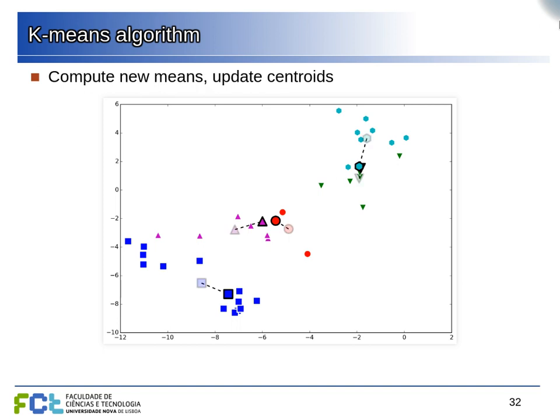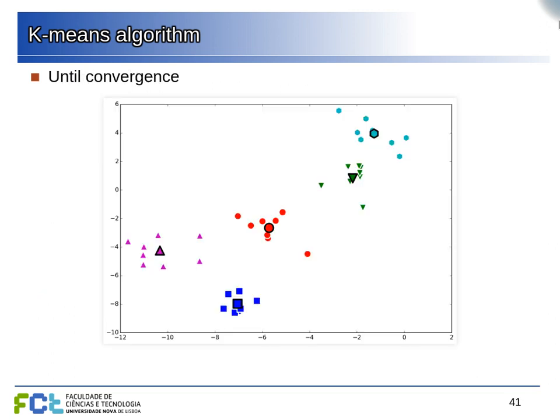And now we update the position of the centroids by computing the mean point of the points in the cluster, and then we recompute the clusters. We reassign the points, we recalculate the mean point, and we do this iteratively until everything converges, or until the change is too small or there is no change in points. So usually this will end up in a configuration where no points change cluster, and so the thing stops.